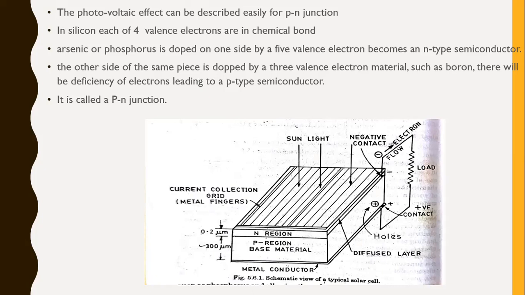Examples of 5 valence electron materials are arsenic and phosphorus. There will be excess electrons on that side.